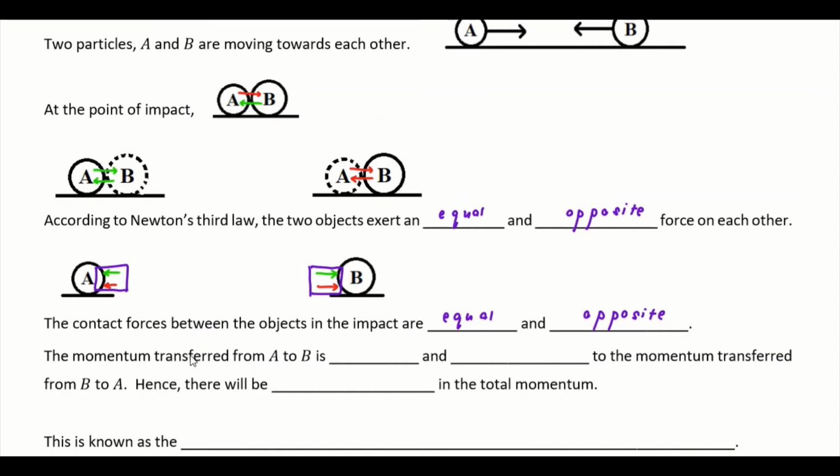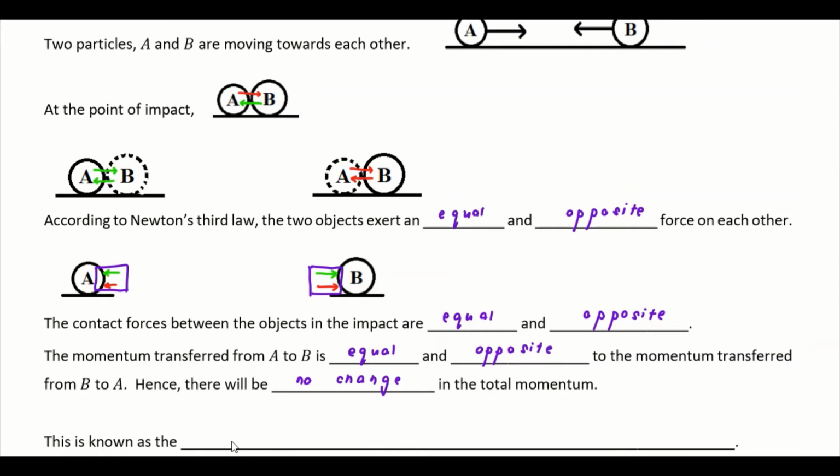So the momentum transfer from A to B is going to be equal and opposite to the momentum transfer from B to A. Hence, at the end, the momentum that is lost in A is gained by B, and the momentum that is lost by particle B is gained by A. So that's why at the end, there will be no change in the total momentum.